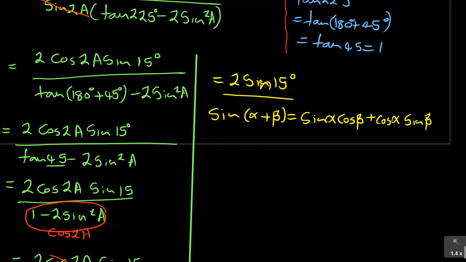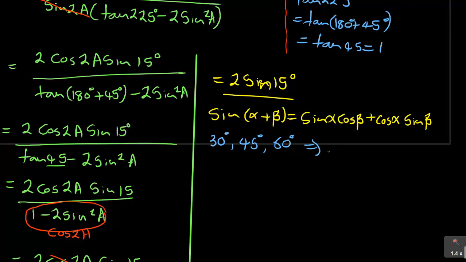For example, I can write 15 in terms of special angles. Remember, the special angles we are given are 30 degrees, 45 degrees, and 60 degrees. So you want to write 15 in terms of these. One of the ways you can do it is using plus.